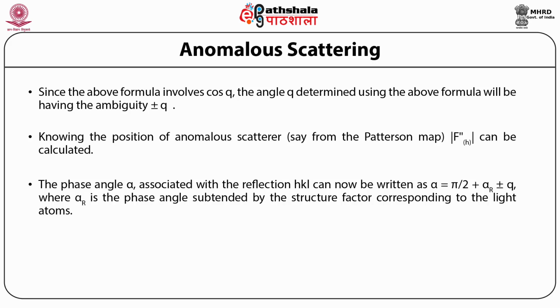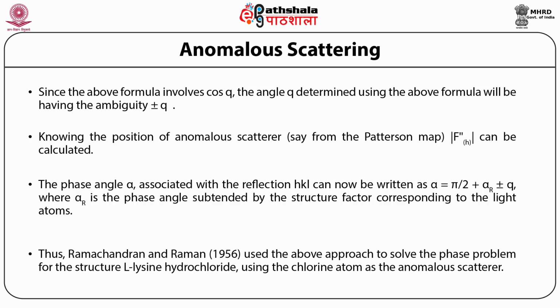The theta is coming from equation 12.14. Now, alpha r is the phase angle subtended by the structure factor corresponding to the light atoms. So now there is an ambiguity. The total phase is pi by 2 plus alpha r plus theta, or pi by 2 plus alpha r minus theta. So this is the ambiguity. The correct phase is the one which is closer to the heavy atom phase. So that is how people use it.